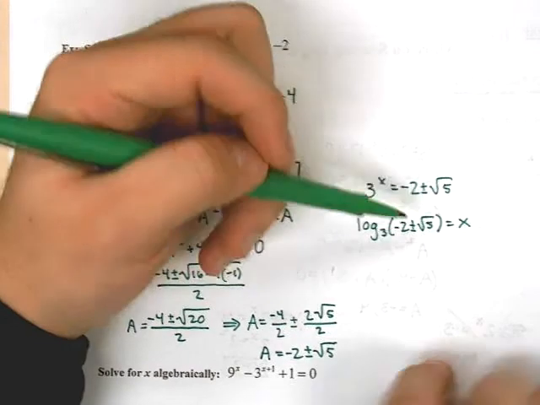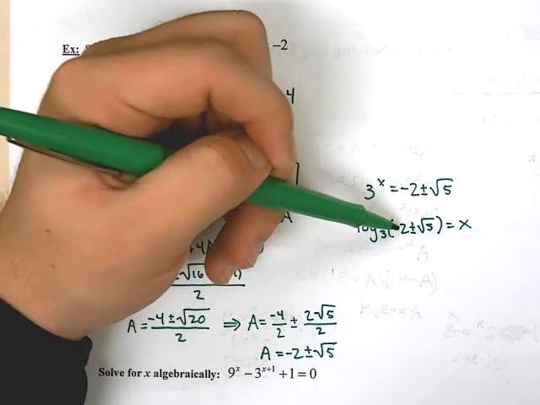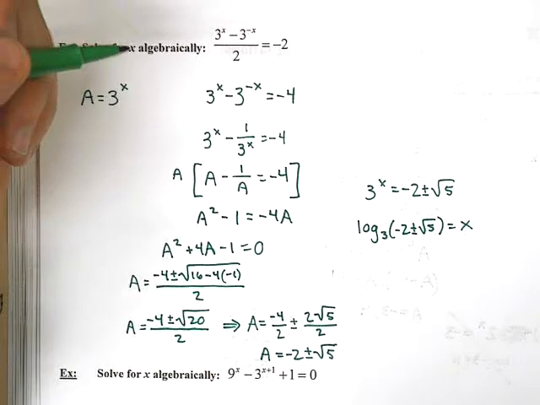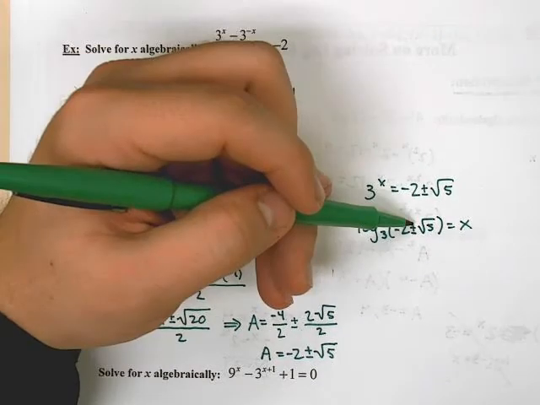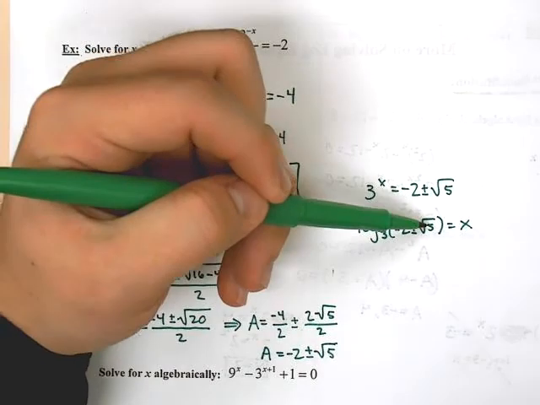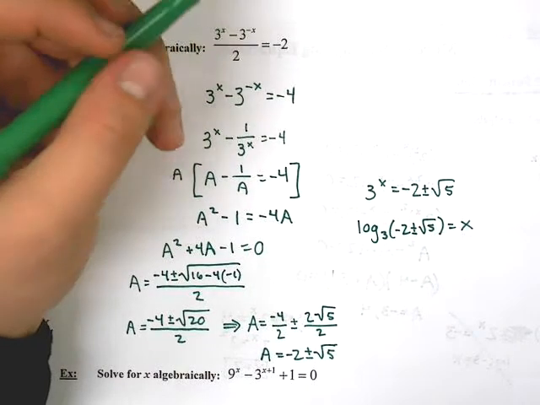The reason is because I have a negative and I'm taking away more, right? So negative 2 minus root 5 is going to be a negative, and you cannot have a negative argument. So I already know that the minus routes out. How about the plus? Can we get to positive? Yes, we can. The square root of 5 is 2 point something, right? I don't even necessarily care what it is.